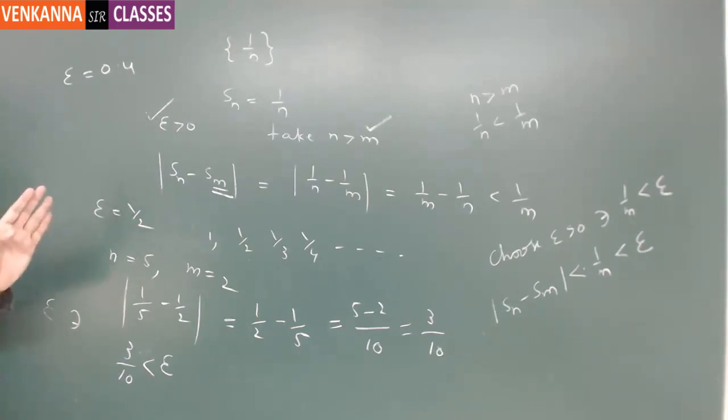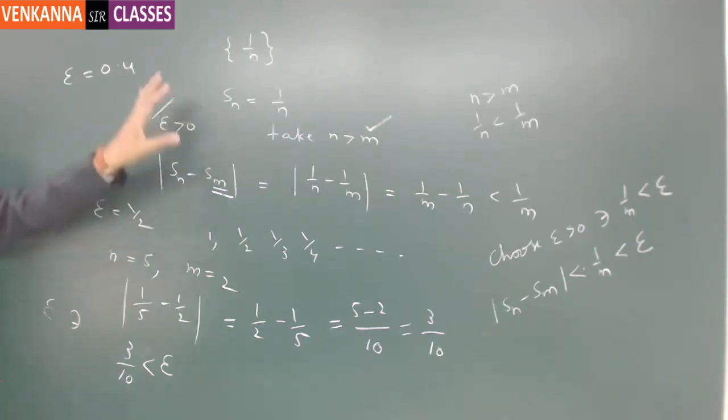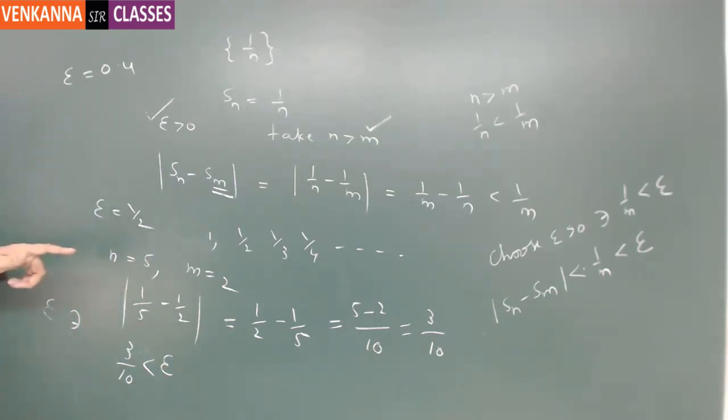Let us take one more problem. I want to take a set of problems on this, then you will get an idea how to choose epsilon and how to choose the term number. By taking one more problem we will discuss, because one example won't suffice.